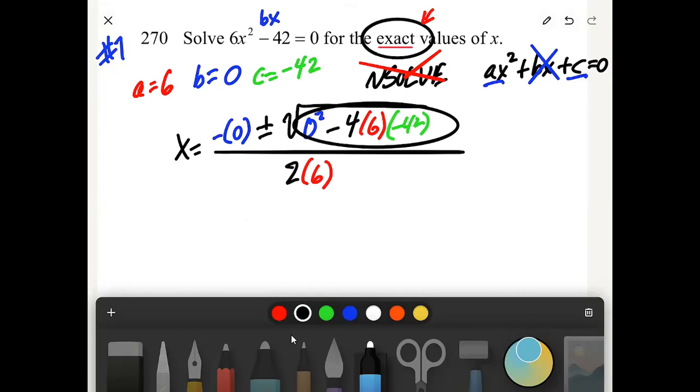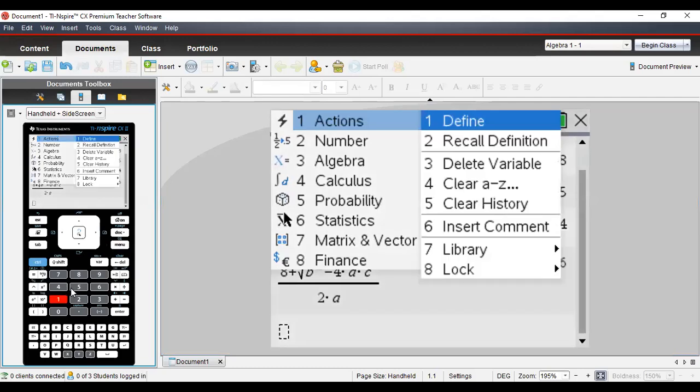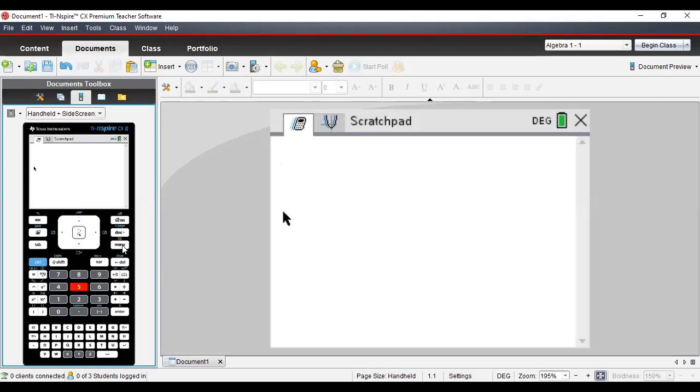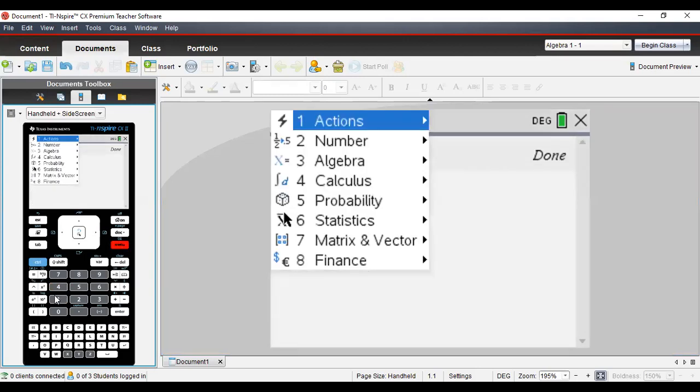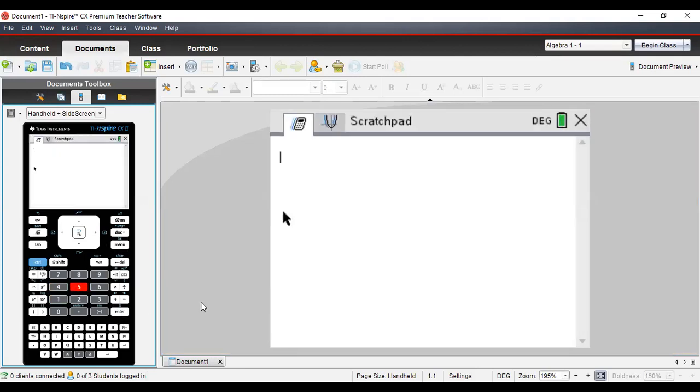So let's go get the calculator. And let's do this. So let me get rid of this stuff. Menu 15. I'm going to go menu 14, empty the variables, menu 15. Boom, good. All right, so now what I'm going to do is I'm going to store 6 into A. And then I'm going to store 0. Remember, we don't have a middle term, so it's going to be 0.